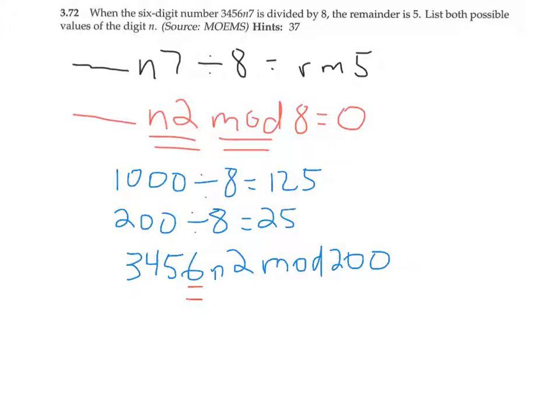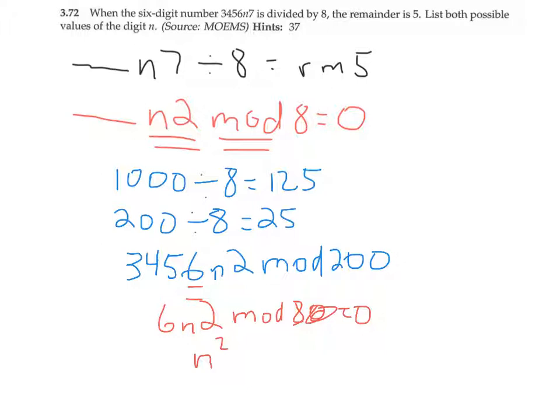There's 600s. And so the pattern repeats itself every 200. So if 6n2 is divisible, mod 200 equals, mod 8 equals 0, then just n2.